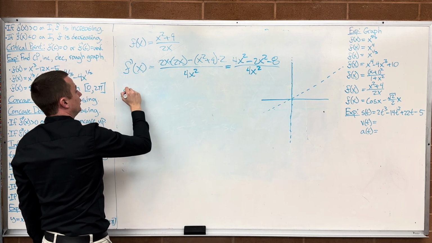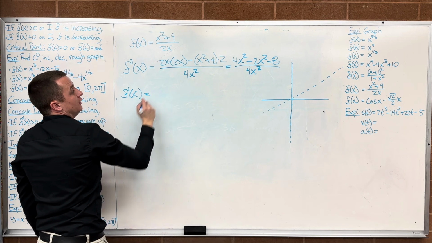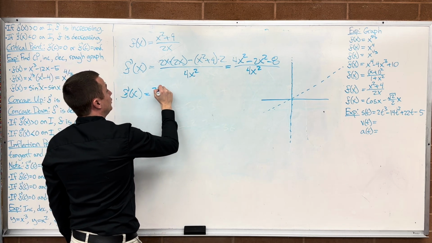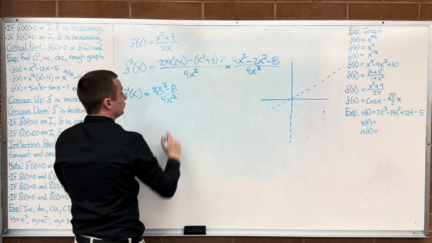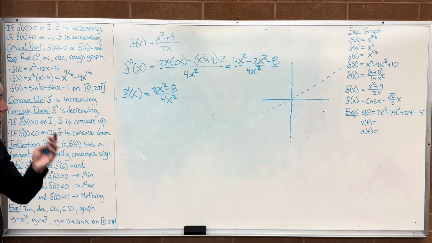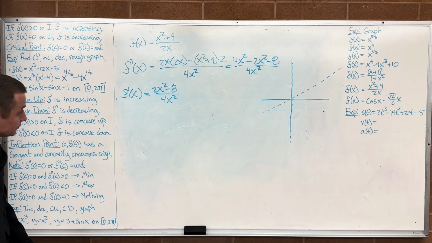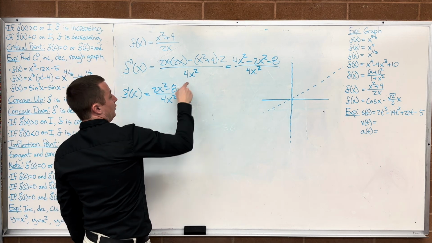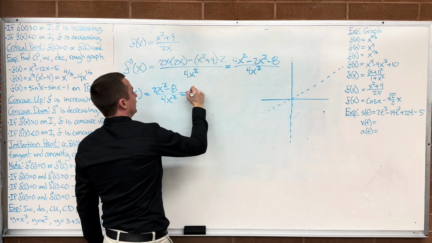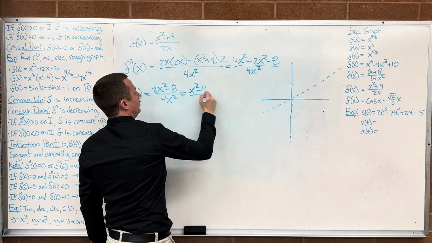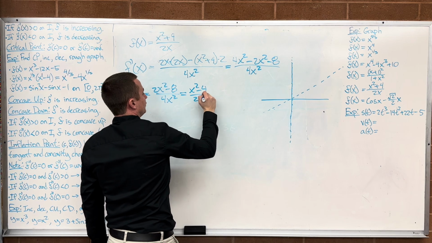Or, in other words, f prime of x is equal to 2x squared minus 8 over 4x squared. Right? Factor a 2 out of the top and cancel out top and bottom, and we're left with x squared minus 4 over 2x squared.